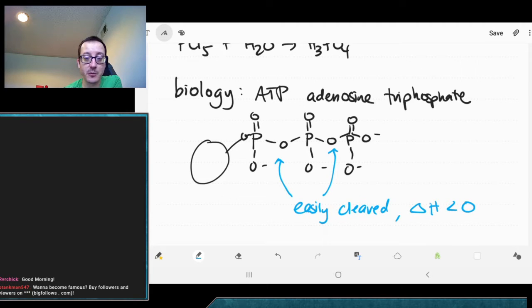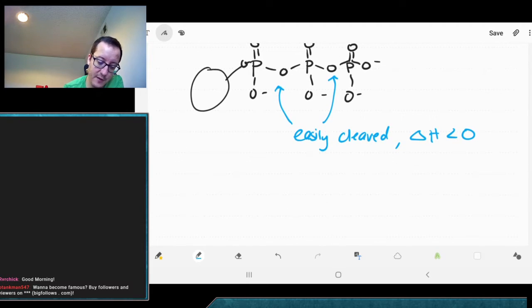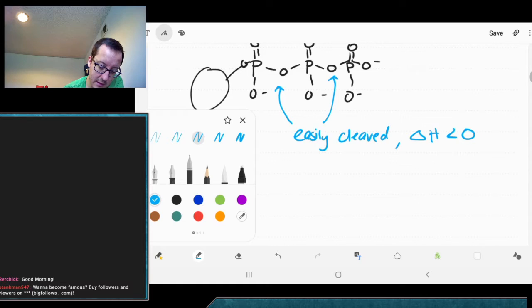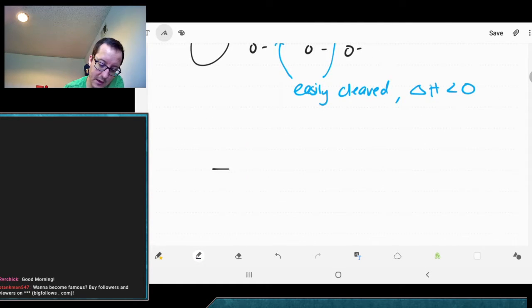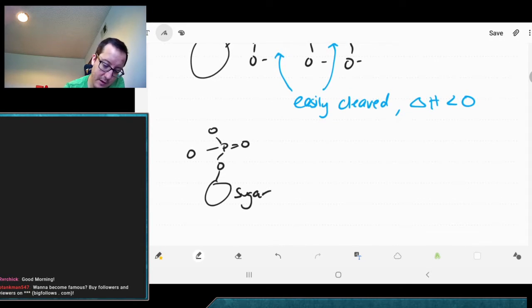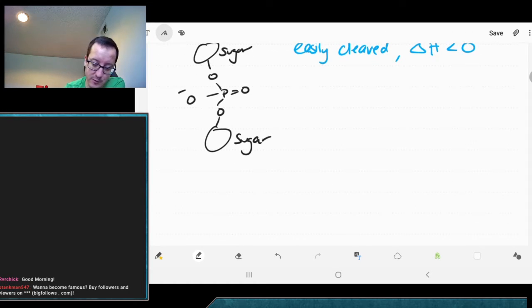For one, that's one of the reasons. We do have phosphorus in DNA as well. We have the sugar phosphate repetition sequence in our backbone. That gives DNA a negative charge overall.